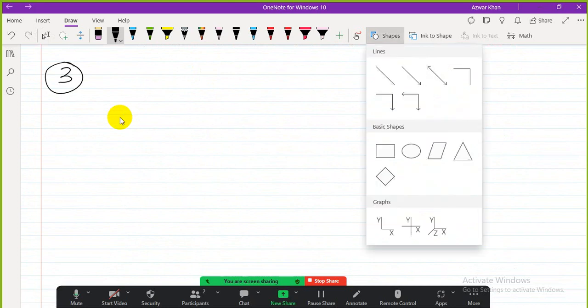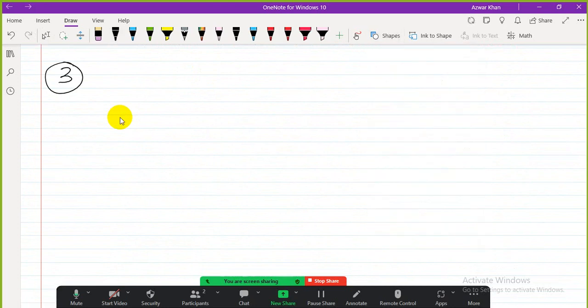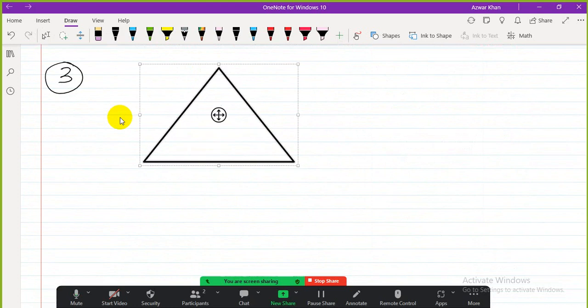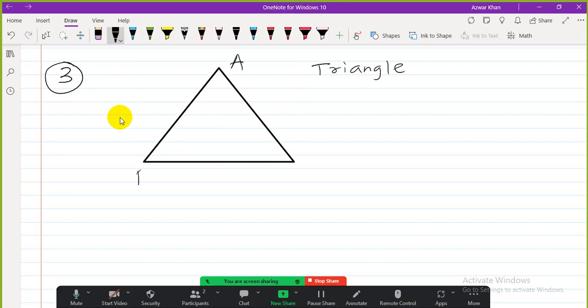Right, let's take a triangle. Yes, sir. So this is a triangle. I am going to name this triangle ABC. I can see there are three angles inside. These angles I can name as interior angles, the angles inside the triangle.